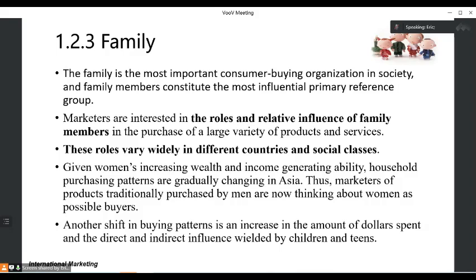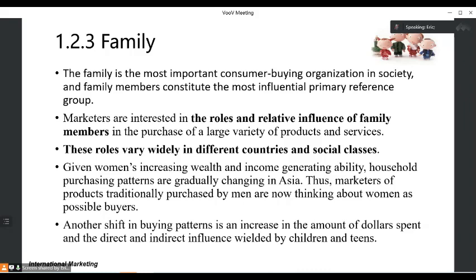Especially in how to decorate your house, which school their children will go to, and daily life products. We find that wives have more and more power in purchasing.